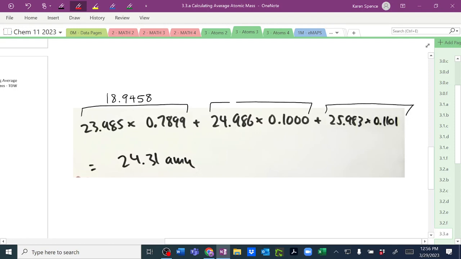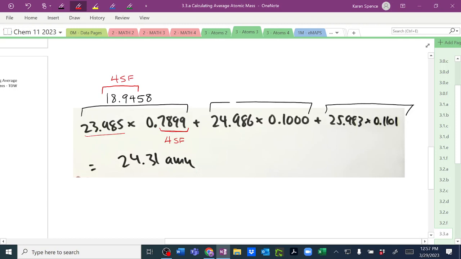But if I want to know how many sig figs are in that 18.9458, I need to look at the sig figs here and the sig figs here. My smaller number of sig figs is 4 sig figs, which means that this number has 4 sig figs.